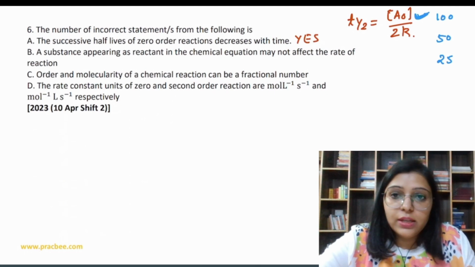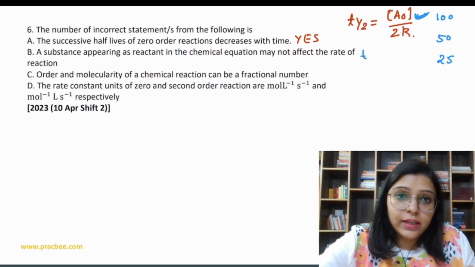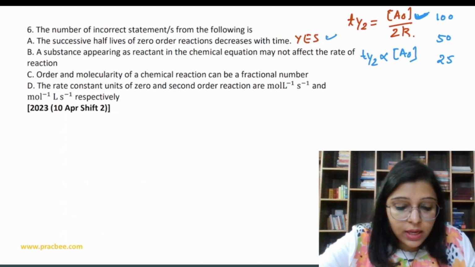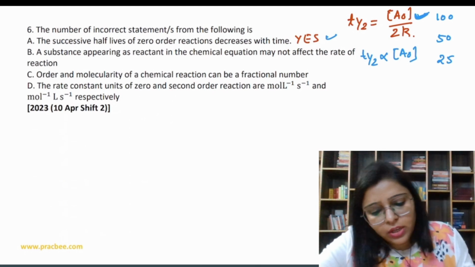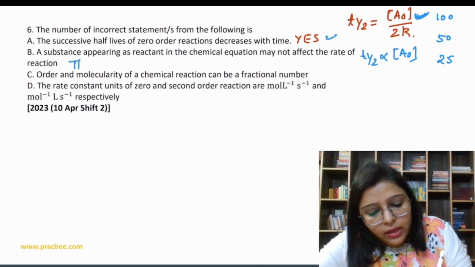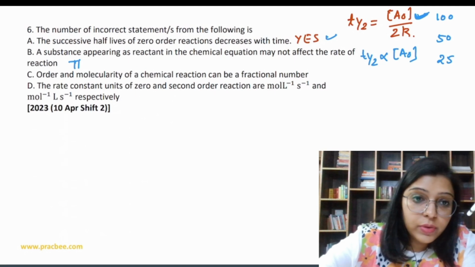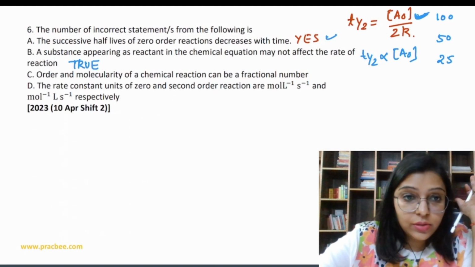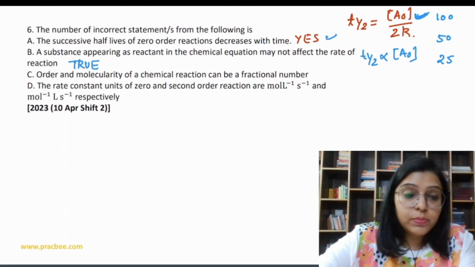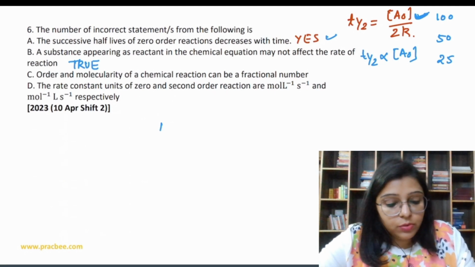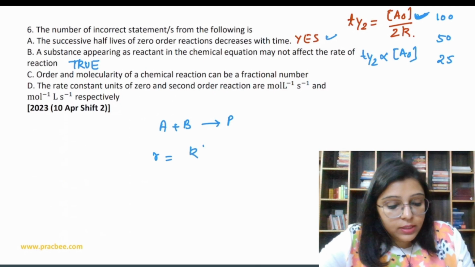Now the second one: a substance appearing as reactant in a chemical equation may not affect the rate of a reaction. Yes, it is true, if the order with respect to that reactant is 0. Suppose we have A plus B and it gives product. If I write rate, the rate is K, A का concentration to the power x and B का concentration to the power y.